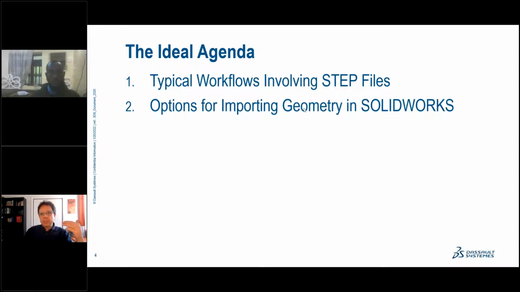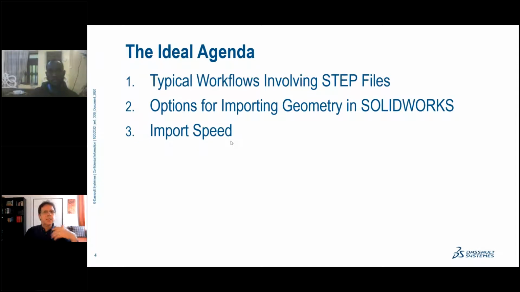If I want to import a STEP file in SolidWorks, as you probably know, right off the bat, by default, there are two ways to do that: with 3D Interconnect on or off. Based on your choices, you're going to have all kinds of other options to use the file. Then the question is, how can I make sure that the whole loading process, the conversion from the STEP to SolidWorks, takes the least amount of time? How can you ensure that?